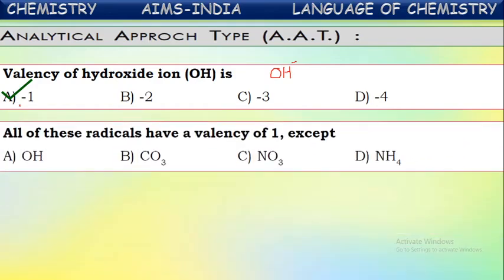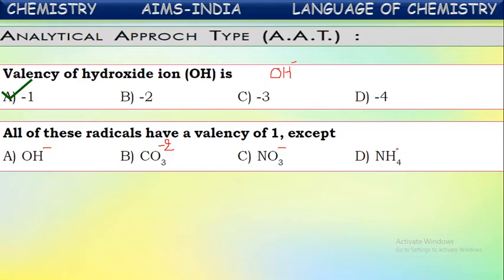Next question. All of these radicals have a valency of 1 except, yes, just now I have seen hydroxide ion valence is 1 and carbonate ion valence is minus 2. Whereas nitrate ion valence is minus 1.